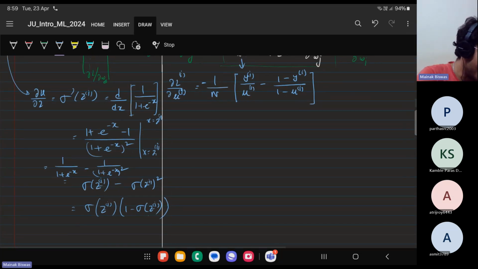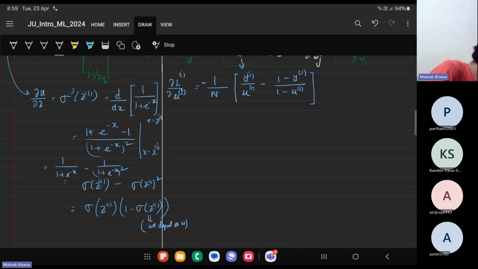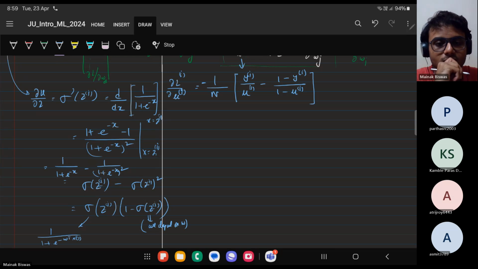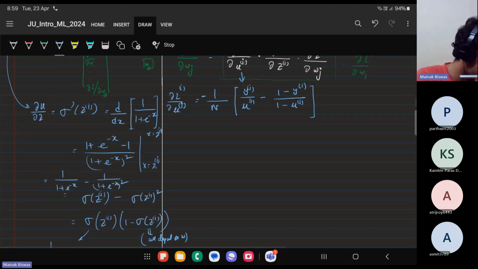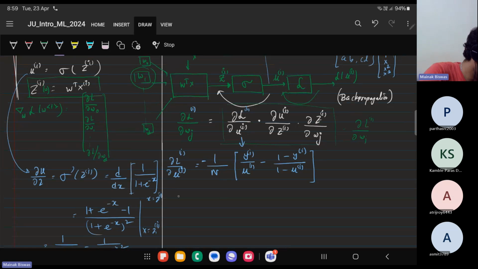So these all depend on w, 1 by 1 plus e to the power minus w transpose xi, right? Can you separate this w and x and get the values of w? You can't.